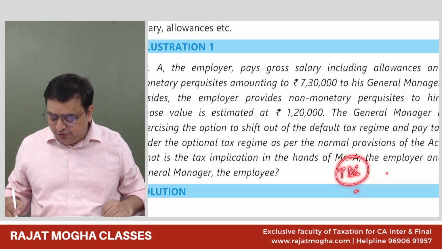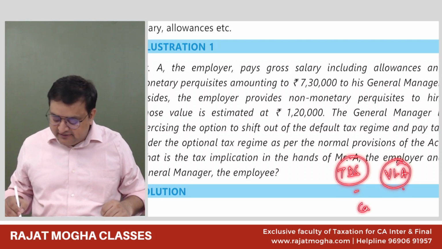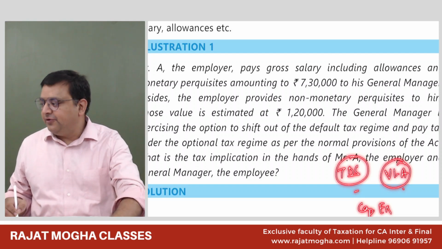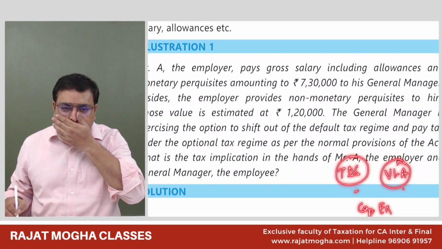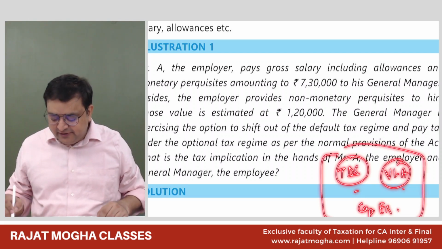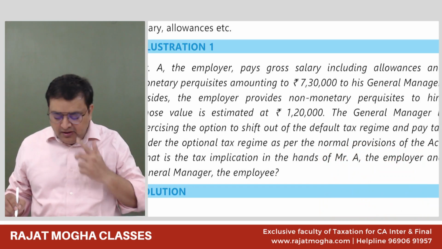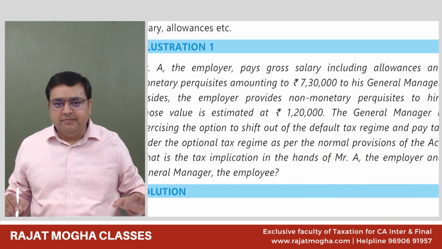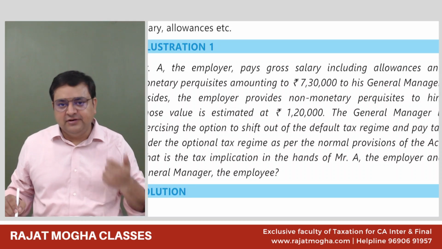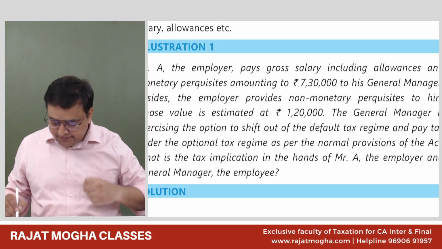Then you should know chapter 6A, 80C to 80U sections number, and capital gain exemptions. Capital gains exemption 54, 54B, 54EC, 54F, 54D. That's okay. But these are the 3 chapters which I generally tell you that you should remember the section number. Even if you don't remember, that's completely fine. Marks will not be deducted, but if you remember, it would be beneficial for you. You will be able to relate it better.